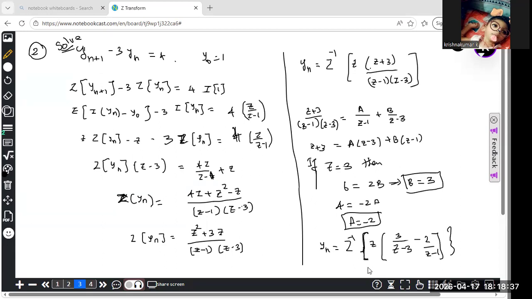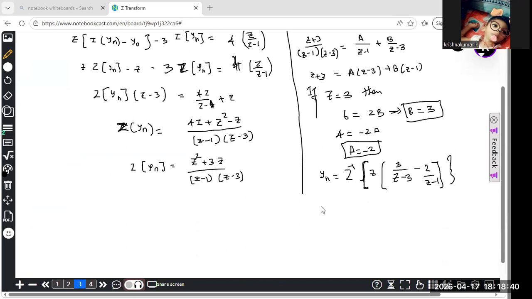So y(n) is equal to inverse z transform of 3 times z by z minus 3 minus 2 z by z minus 1.